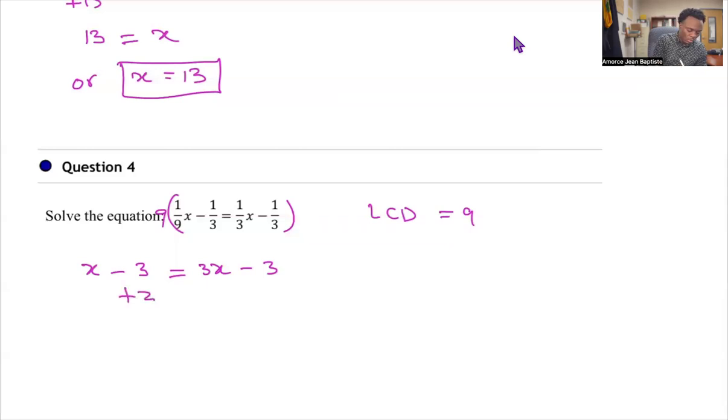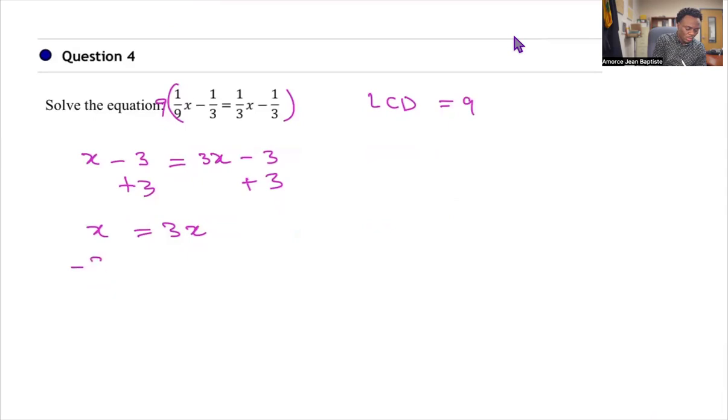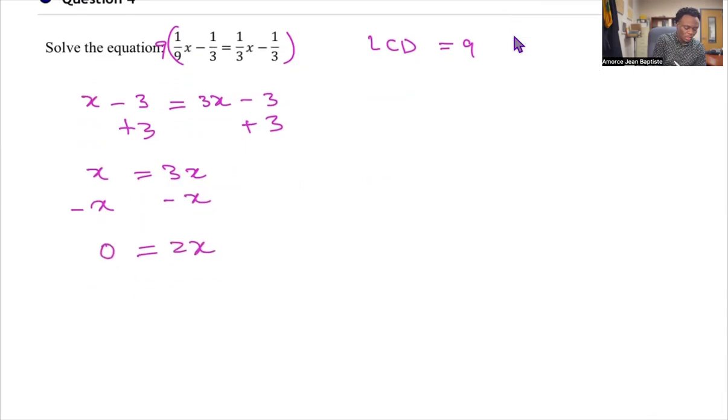So if we add 3, we get x equals 3x. If we subtract x, we get 0 equals 2x. And then if we divide by 2, x equals 0.